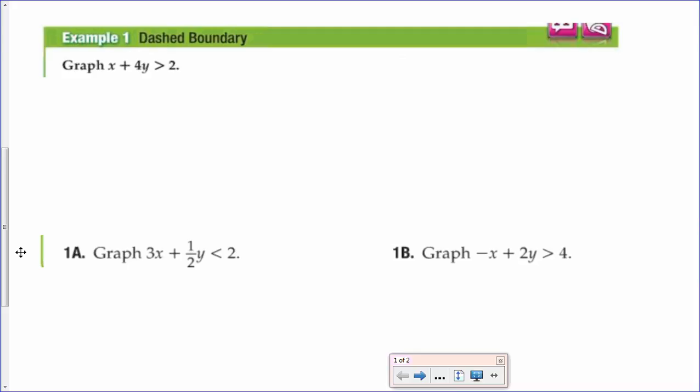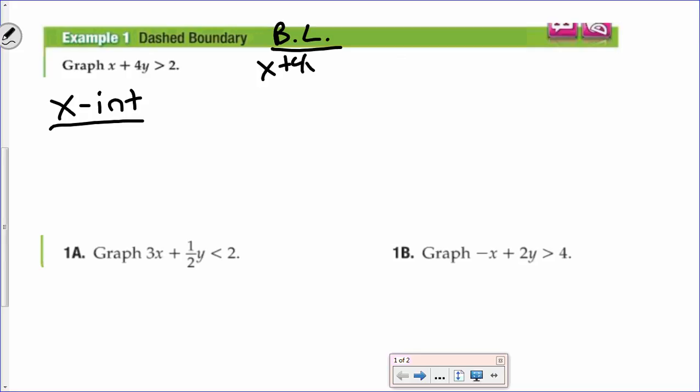This is in standard form, so I'm going to use the x-intercept and the y-intercept. The boundary line here is x plus 4y equals 2. That's what it's bounded by.